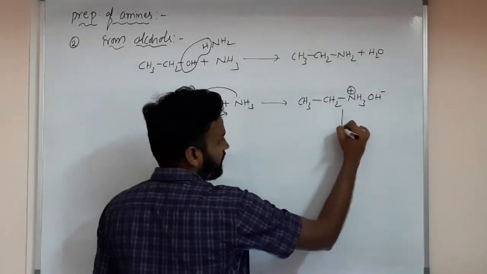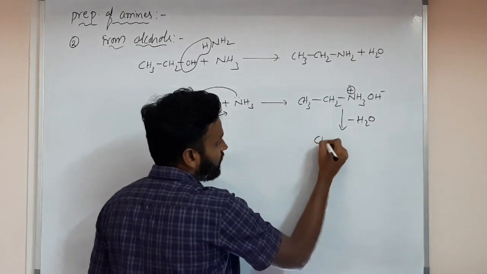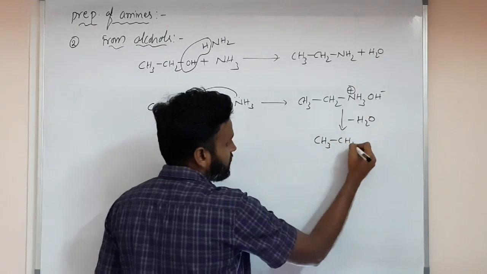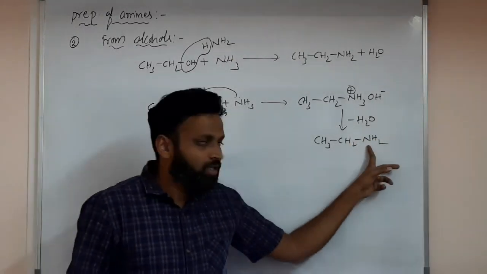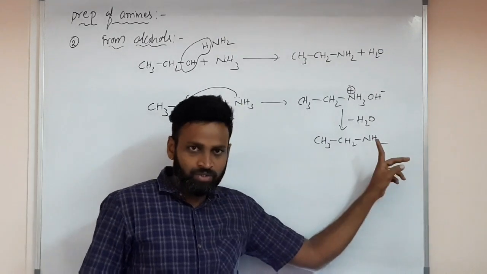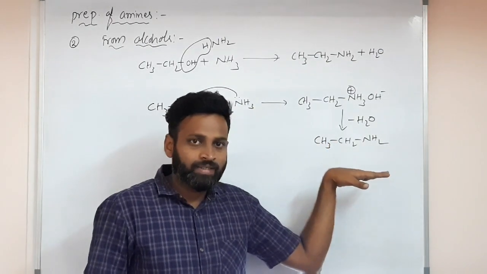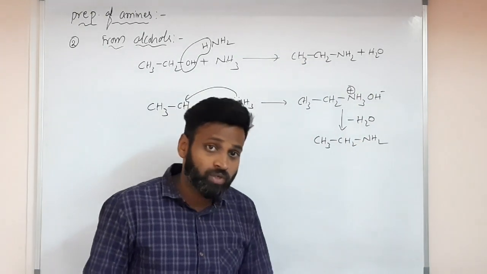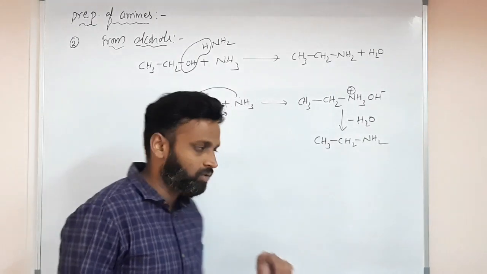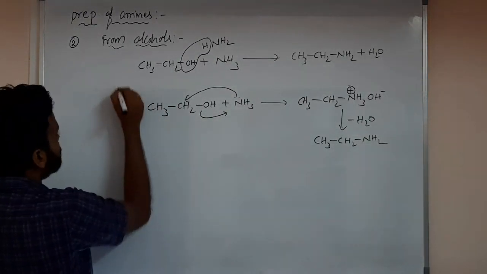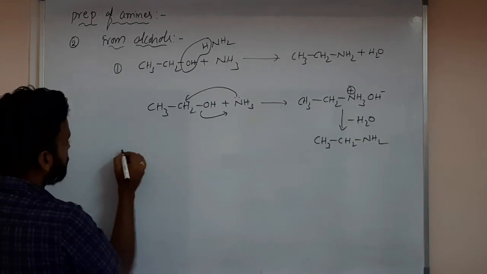Like the previous HX, here water is removed and you get CH3CH2NH2. Nitrogen has two more hydrogens, so two more alcohols can react, just as before, and the lone pair is also involved, forming finally the quaternary ammonium salt. This is number one, and this is how it was formed.